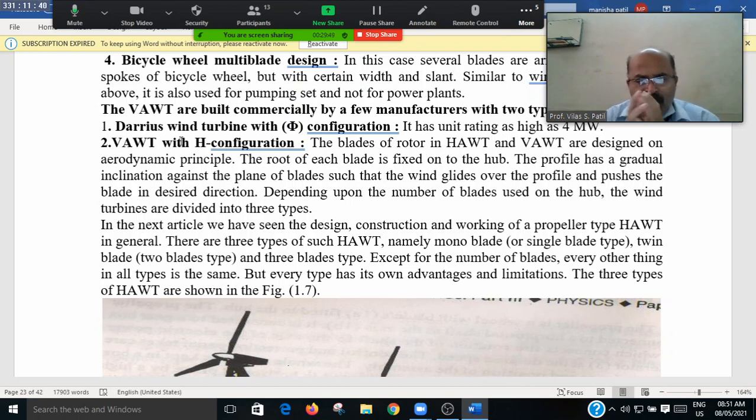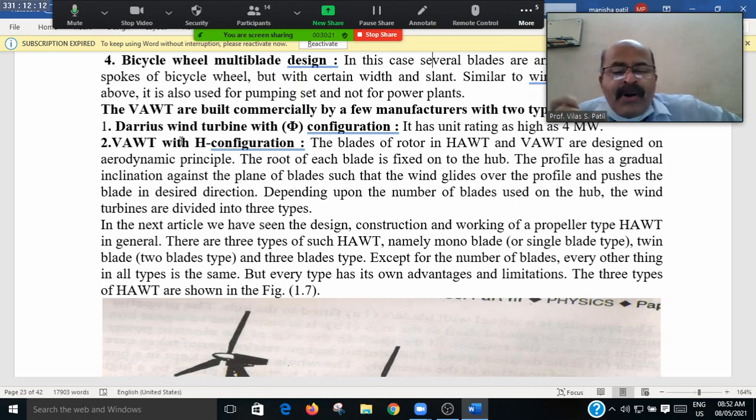The blades of the rotor in the HAWT and the VAWT are designed on aerodynamic principles. The root of each blade is fixed on the hub or the shaft, and the profile has a gradual inclination against the plane of the blade, such that the wind glides over the profile and pushes the blade in the desired direction.